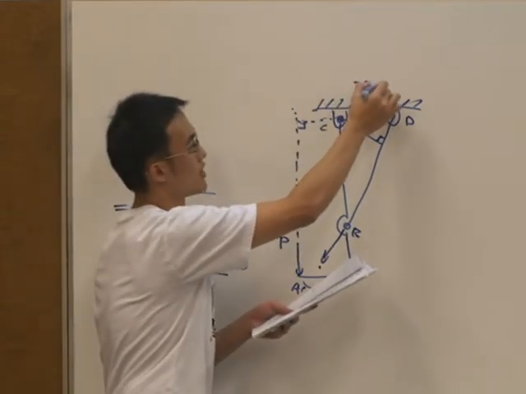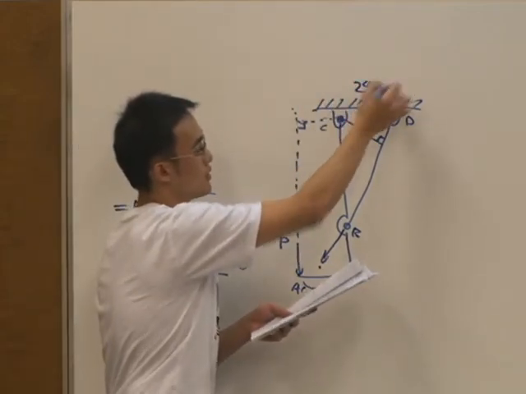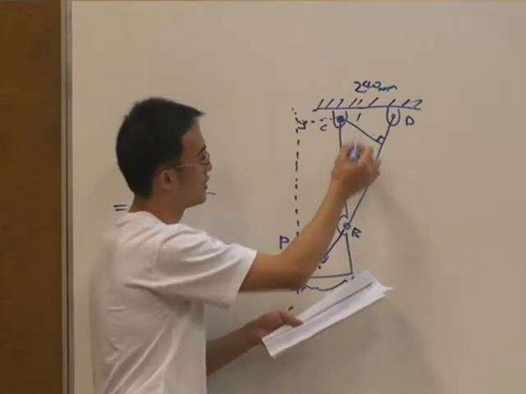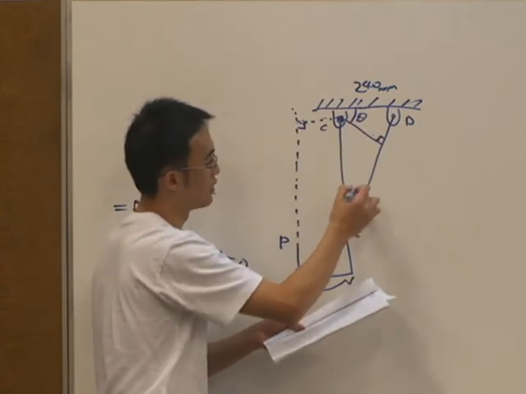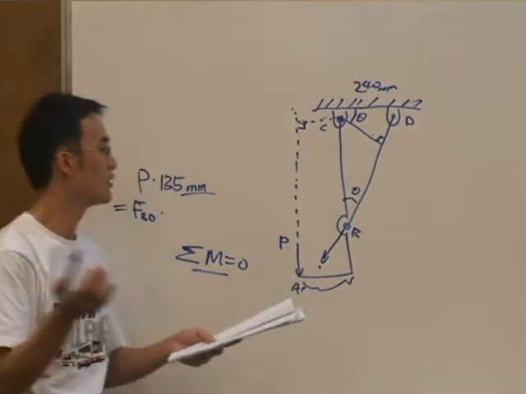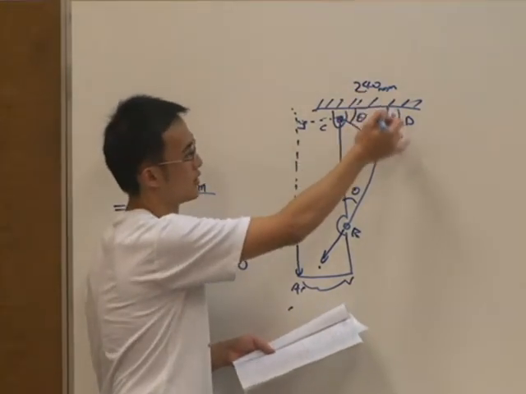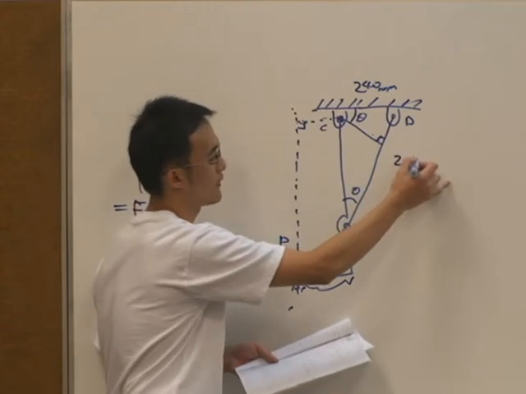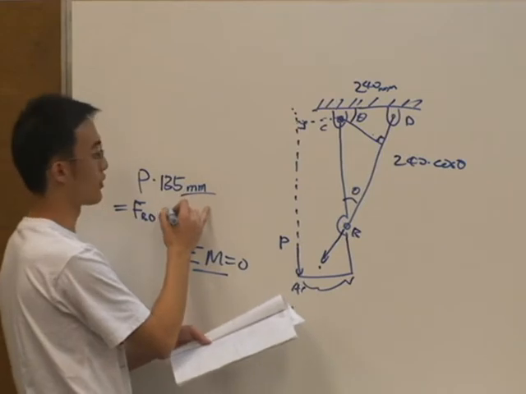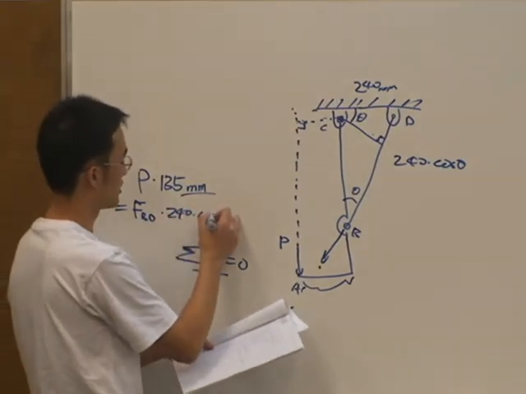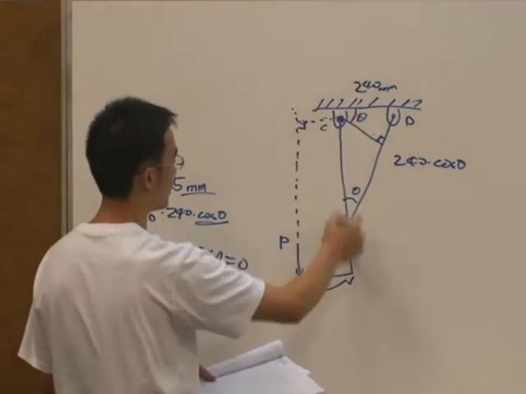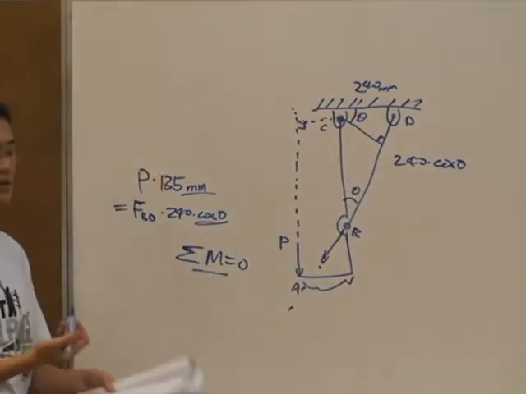Here is 240 millimeter. So using simple geometry, we can find the angle here equals to angle here because of this triangular thing. So it's actually equals to 250 times cosine theta, which is the force arm that you require. Cos theta you calculate using the given dimensions, the simple geometries.